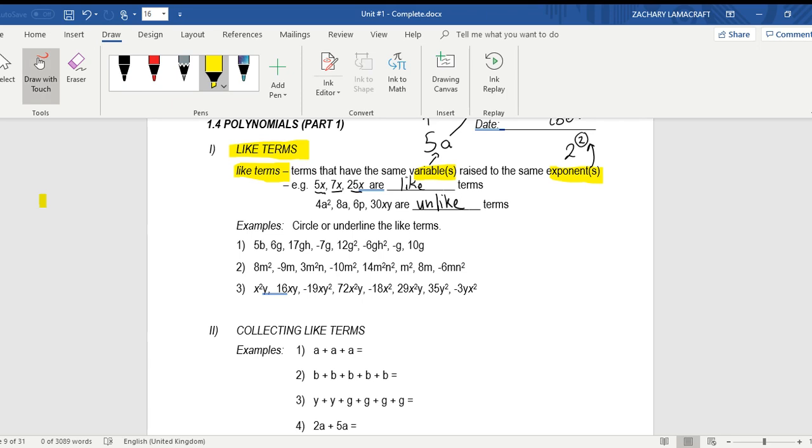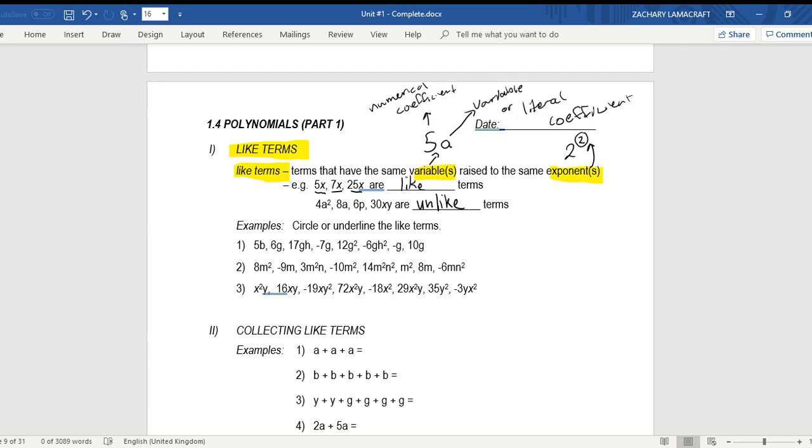So if we continue on the following here, it says circle or underline the like terms. So I'm going to just highlight, and hopefully you guys get a good grasp on this. But if we look at all these, we have 5b, 6g, 17gh, negative 7g, 12g squared, negative 6ghg, negative g, and 10g.